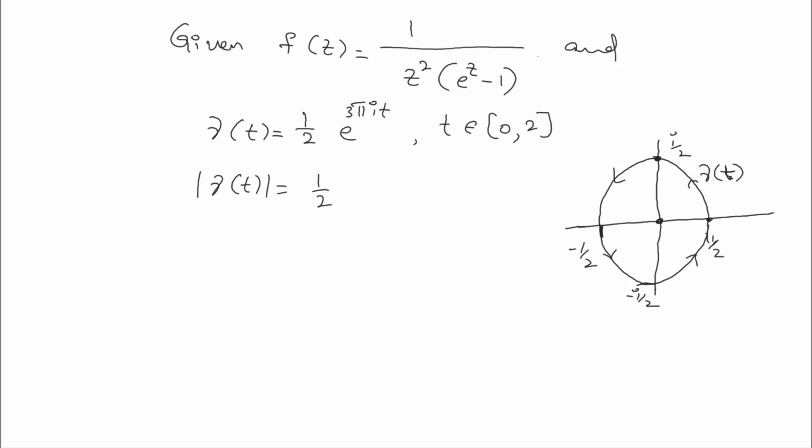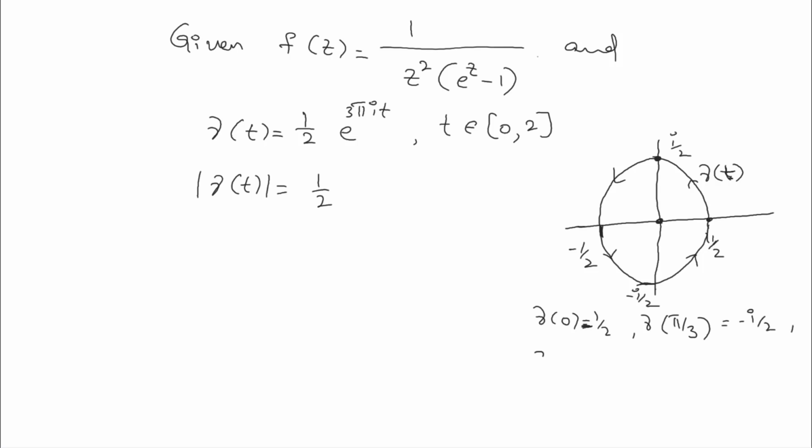But the question here is, how many times the curve gamma travels along this circle mod z equal to half. For that, we simply check by taking some particular values. We can say gamma of 0 equals half, that can be seen easily. And coming to the point gamma of pi by 3, it is minus i divided by 2.